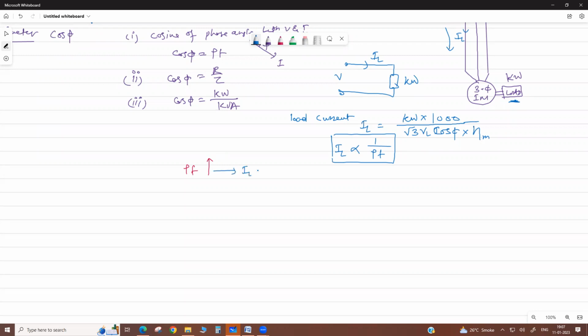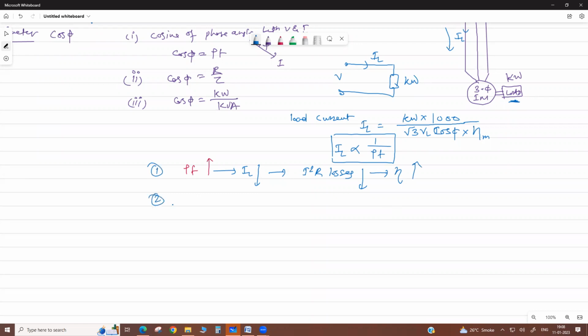Your load current in the circuit is reduced. If load current is reduced, then the power losses in the circuit, your I square R losses, are reduced. Losses reduced means efficiency is increased. So this is one.